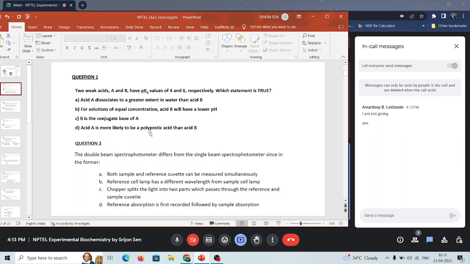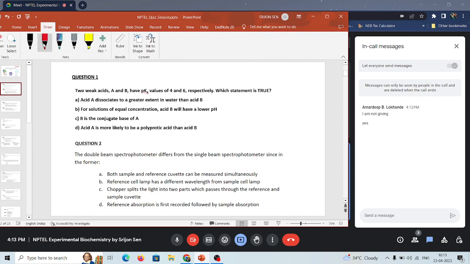Two weak acids A and B have a pKa value of 4 and 6 respectively. Which of the statements is true? Acid A dissociates to a greater extent in water than acid B. For solutions of equal concentration, acid B will have lower pH.